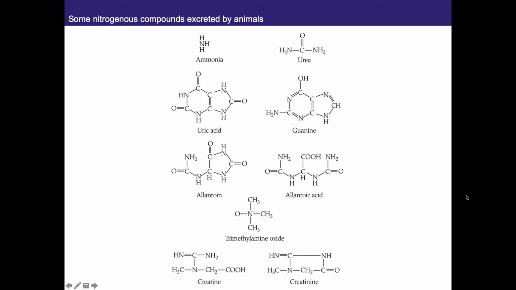Going back to our slides here, we have some important nitrogenous wastes that I want to make sure you know that we excrete on a daily basis. Ammonia is one of them. Urea is another. These are nitrogenous wastes that we get rid of through micturition.